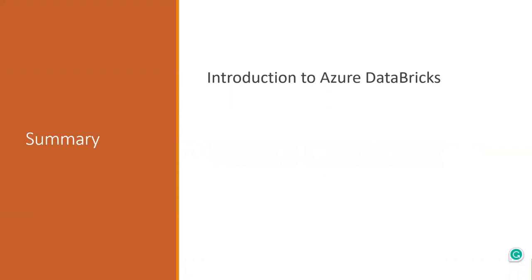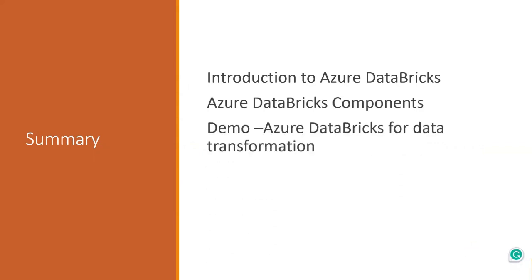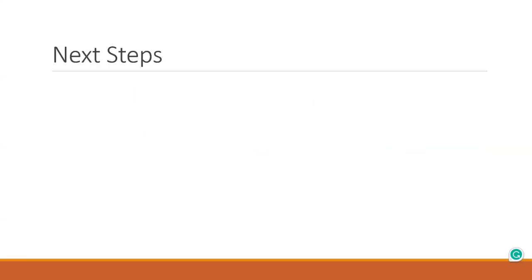So now we know about Azure Databricks and its different components. We have also seen how we can use Databricks. Next, in the next video, we can see how we can call an Azure Databricks notebook from an Azure Data Factory data pipeline.